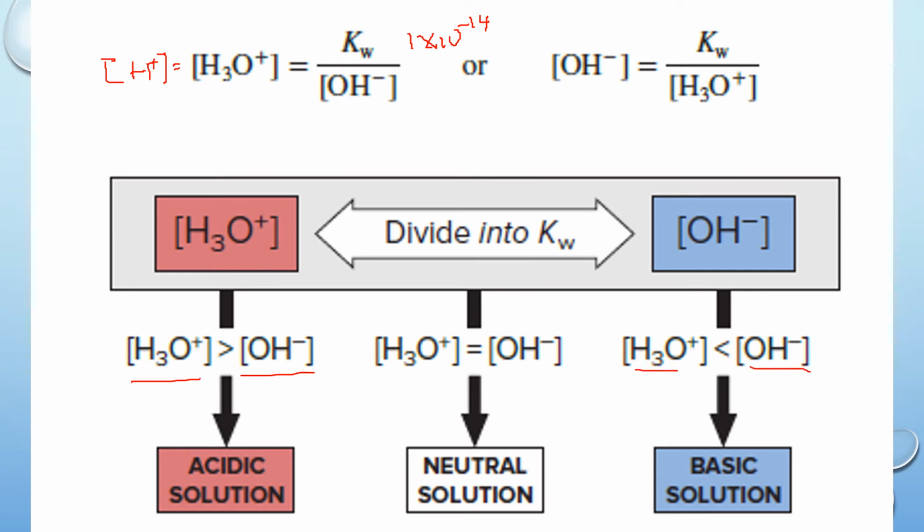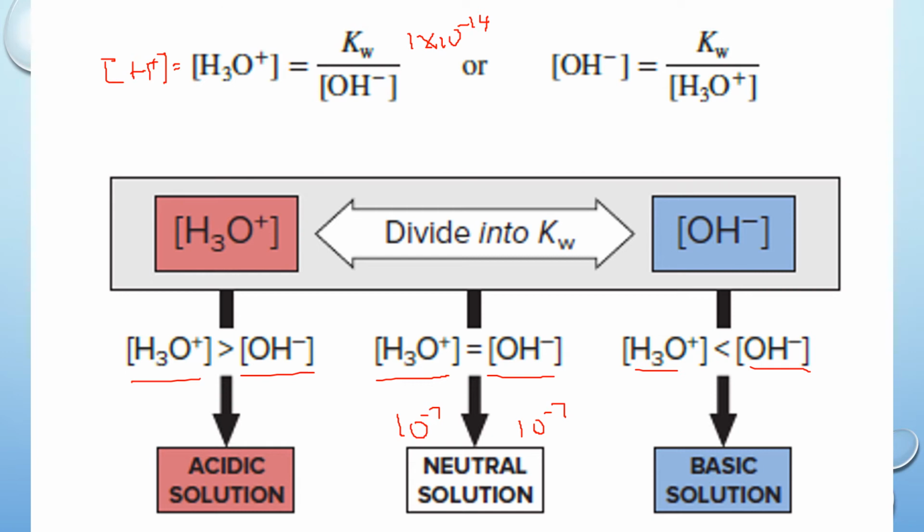For pure water itself, without adding anything, the water is a neutral solution, because the amount of proton and the hydroxide generated are equal to each other. So in that case, at neutral condition, their concentrations are equal to 10 to the negative 7, the same for both of them.